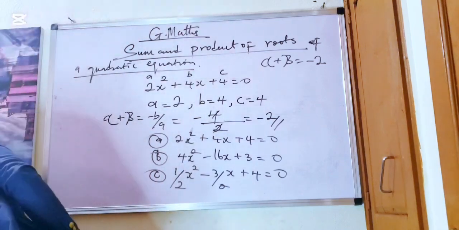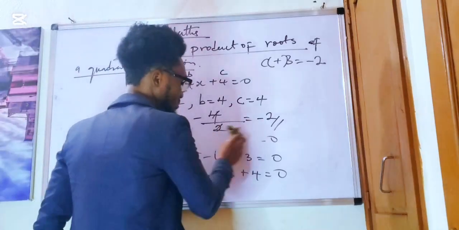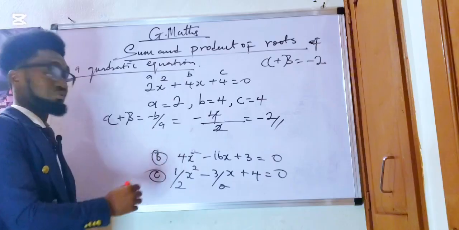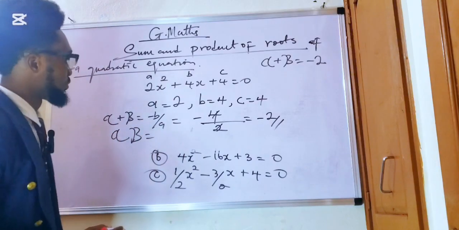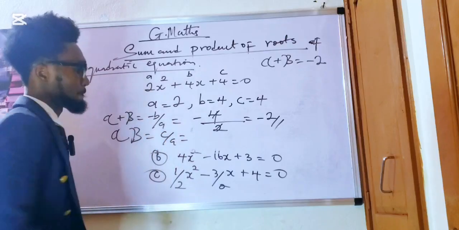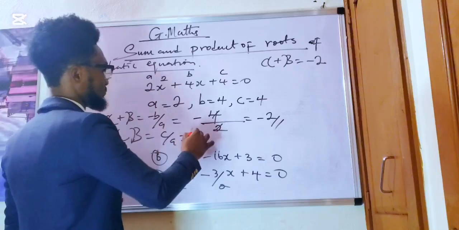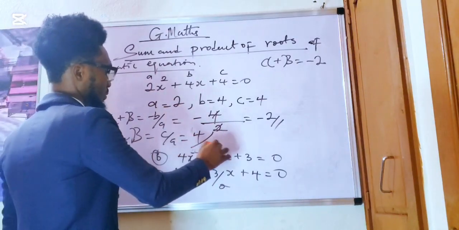Okay, I'll clean up the equation so we'll have more space. So let's look at the product of roots, alpha beta. Remember that the formula is c over a, right? Our c is 4, divided by our a, which is 2.